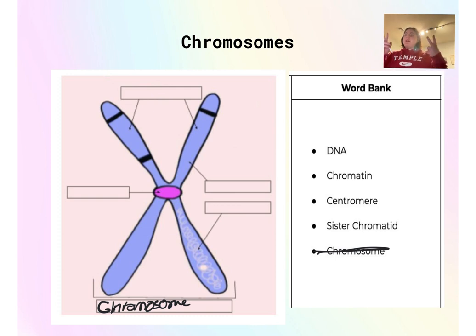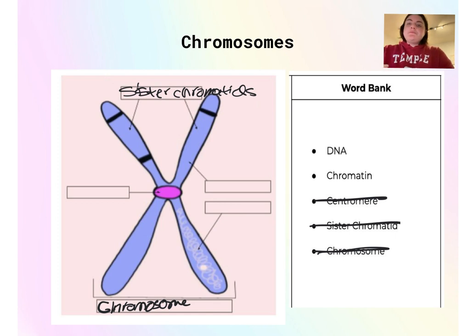There are two of them, which is why they are called sister. These two are sister chromatids. I know you can barely read that, but those two are our sister chromatids. This part in the middle, this little pink part, is our centromere.